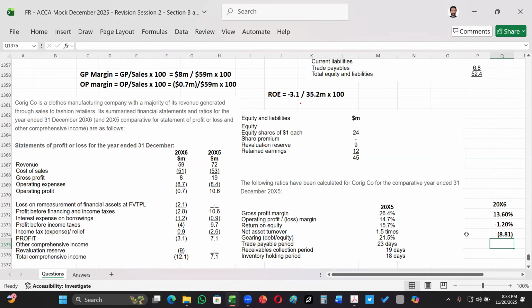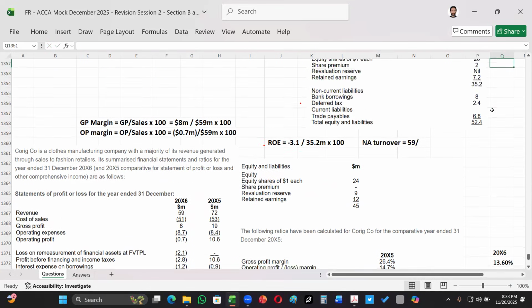Okay, so now we have the net asset turnover. Let's see the net asset turnover. We have the sales, which are 59, and we divide them by the total non-current assets, the PPE. Let's see what is the figure for that.